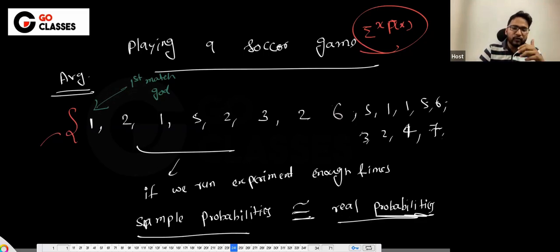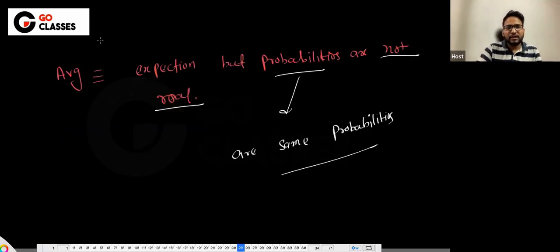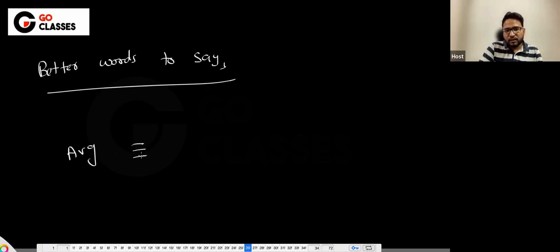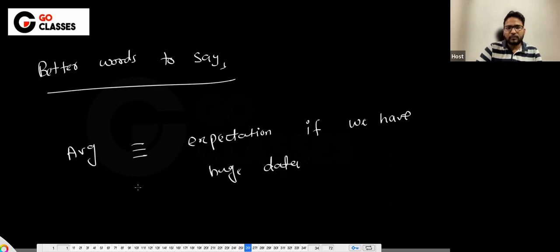So basically, if you take the average on the huge data, then it is an expectation. Okay. In other words, let me write better words to say. You can say that average is same as expectation if we have huge data, large data.